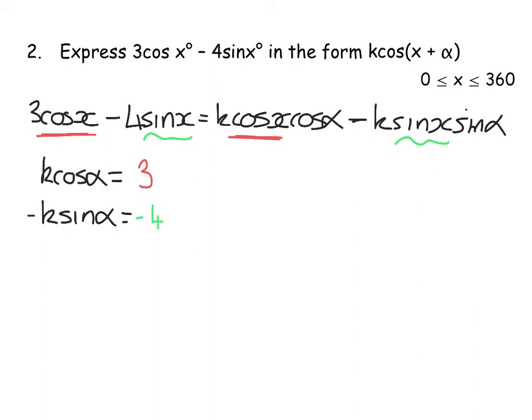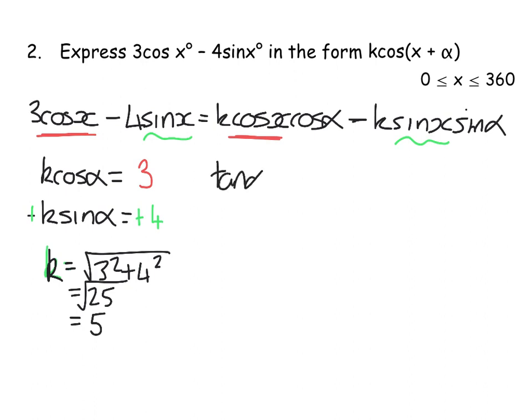So because I've got negative k sin alpha equals negative 4, the two negatives will turn that into a positive. Okay? So the Pythagoras bit will give you k equals the square root of 3 squared plus 4 squared, which we all know is 25 because it's your classic 3, 4, 5 triangle, which gives you k is 5.